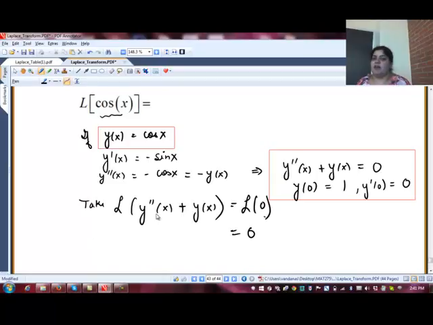Okay, so what will happen on the left hand side? The Laplace transform of y double prime x plus the Laplace transform of y x, using linearity. Now we will use this formula.